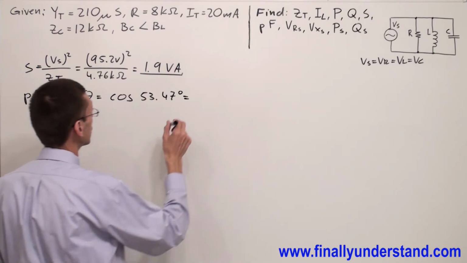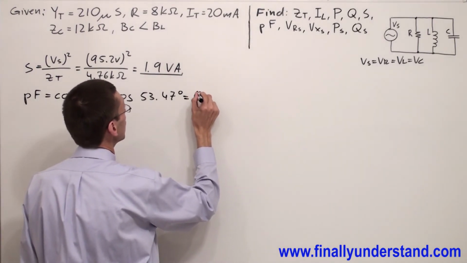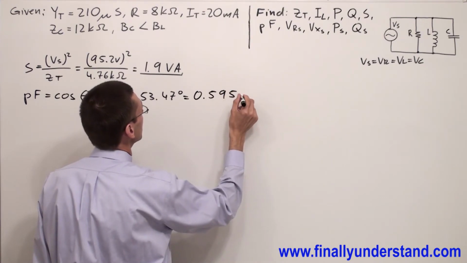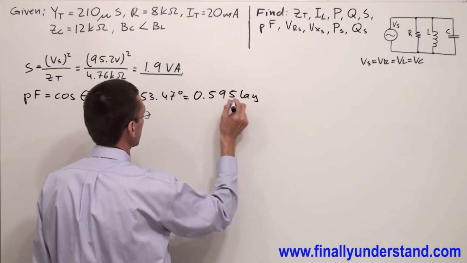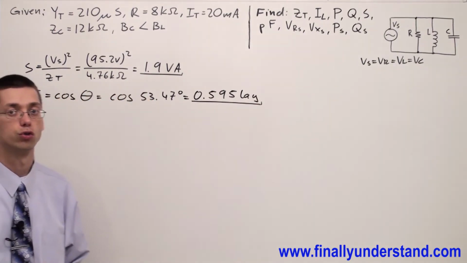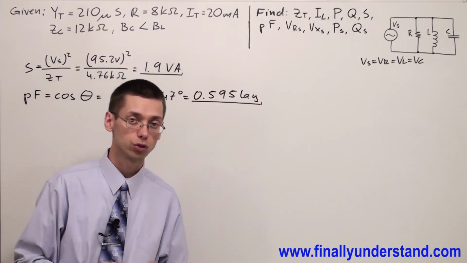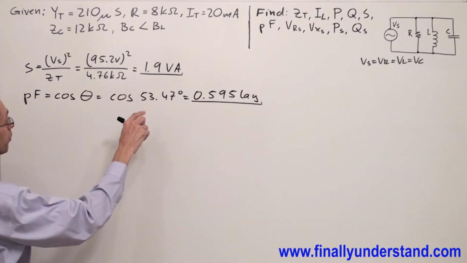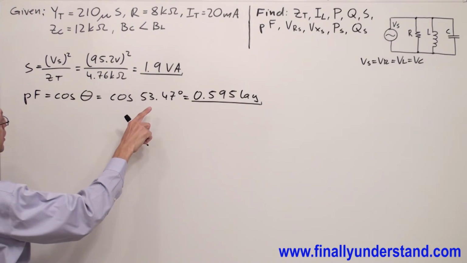Okay, so this is equal to 0.595 lag. Okay, because the total current is going to lag the voltage source by an angle of 53.47 degrees.